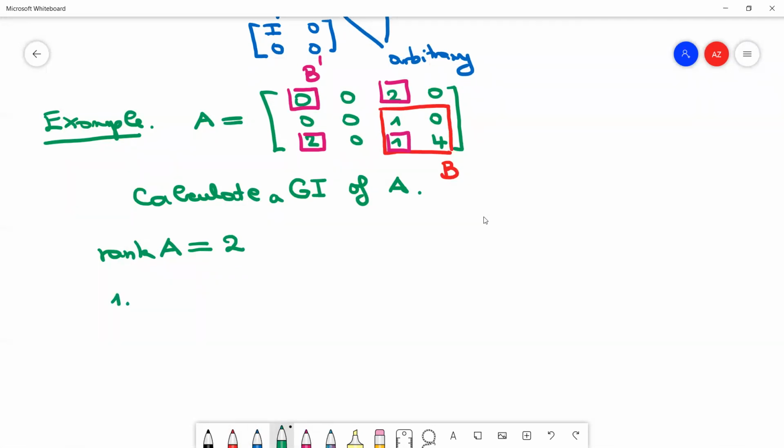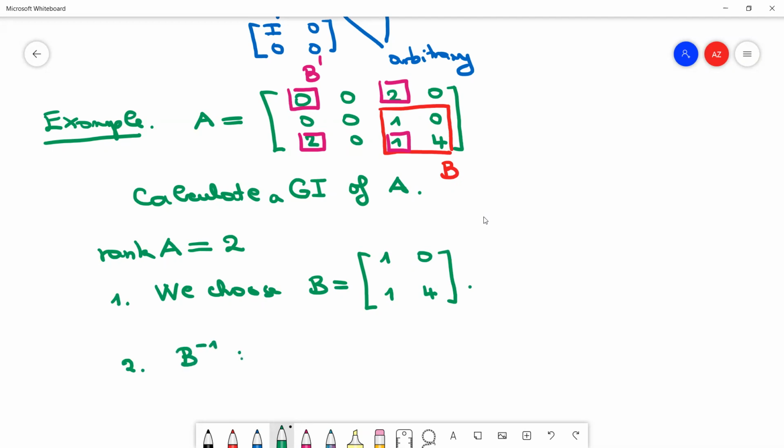So first we choose B equal to this lower right submatrix 1, 0, 1, 4. Now we have to calculate B inverse. Since this is a 2 by 2 matrix, it will be very short.